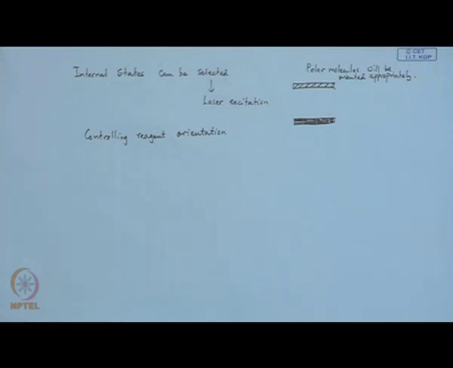By this way you can have the orientation of the reagent. Another important thing is that whenever you do laser excitation, the laser is basically a strong electric field, and also a polarized source of radiation. Polarized means its electric vector oscillates in a definite plane.